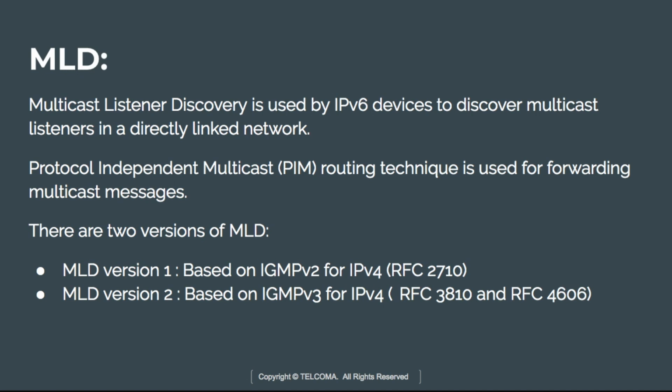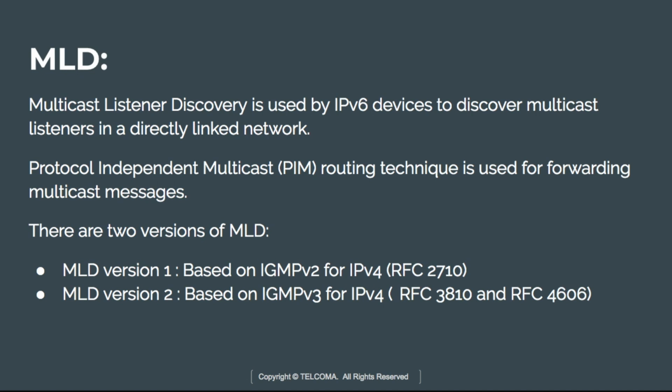This group has no physical or geographical boundaries, and the receivers can be located anywhere on the internet or in a private network. The multicast listener discovery process is used to find out the listeners that are sitting in a particular geographical area or in a private network.